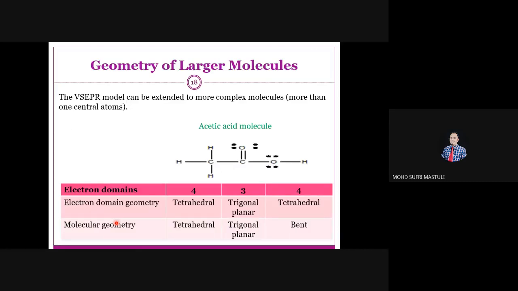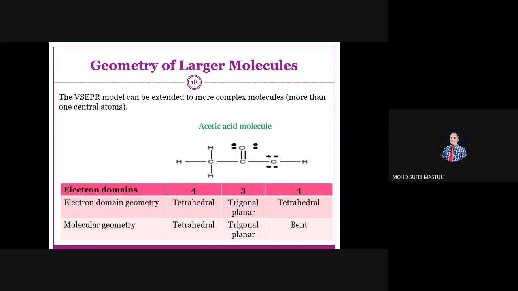So I think this is going to be the last slide. From the previous slide, we tried to predict the geometry of a simple compound, meaning one compound is one geometry. However, we also can predict the geometry for a larger molecule.